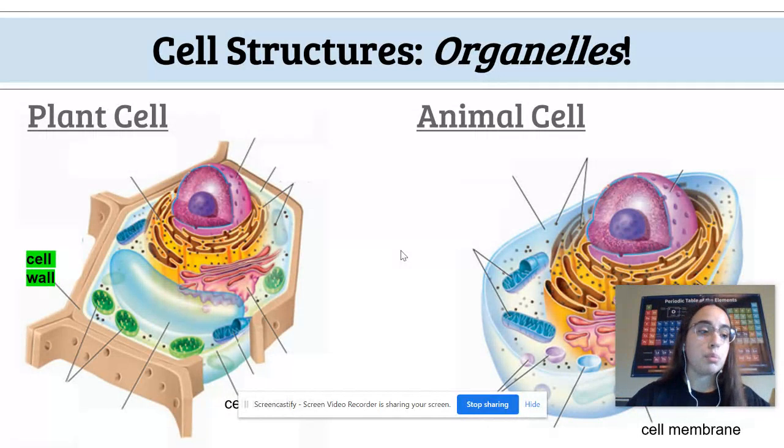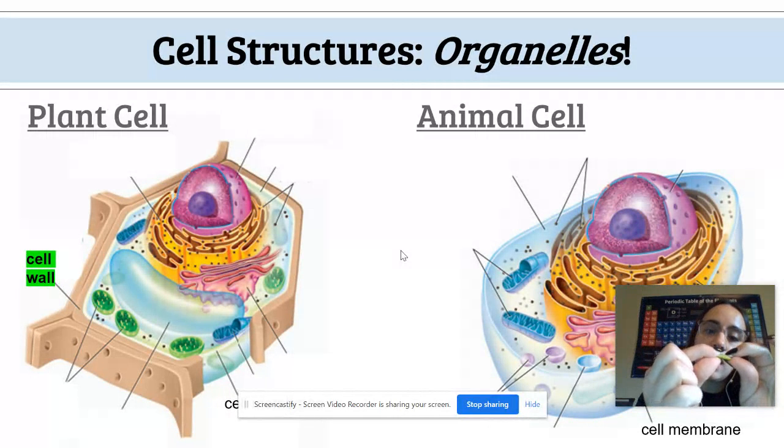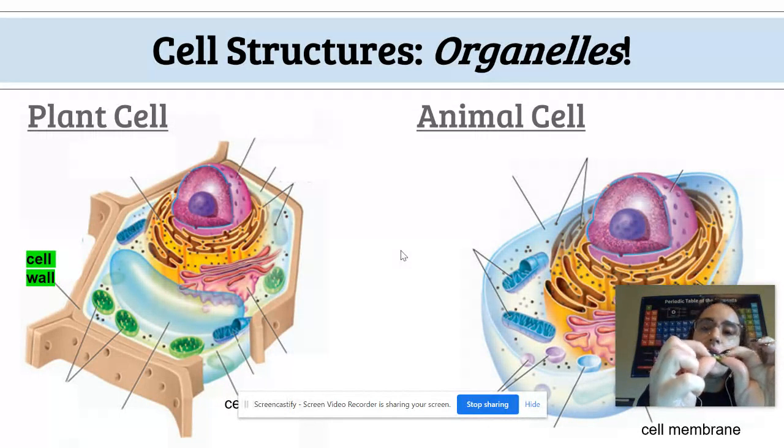So if you think about a plant, you can kind of crush it, whereas human skin can't be crushed. It's very soft. I actually have a plant right here. Let me get a piece of it. So if I have this leaf, I can break it, and you can feel how that breaks.